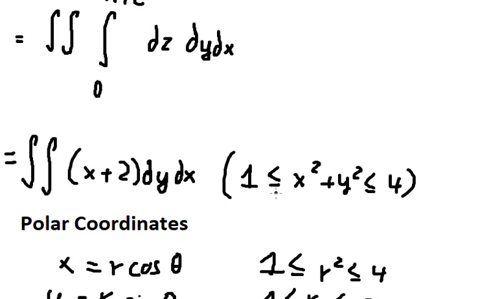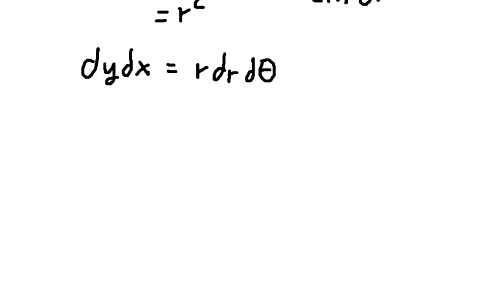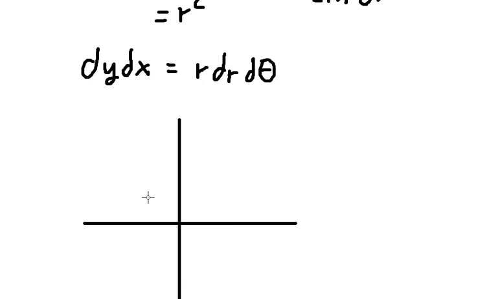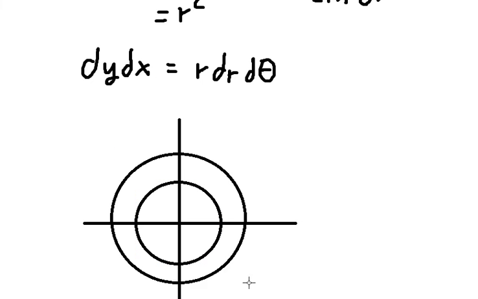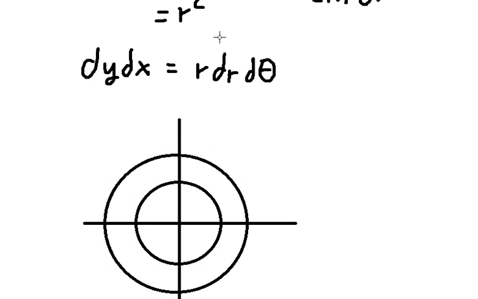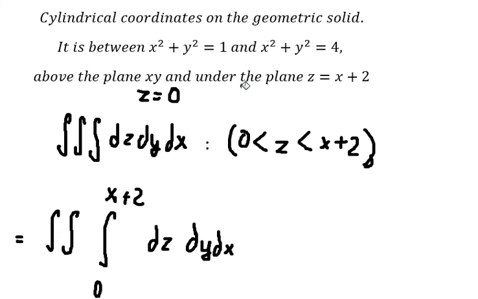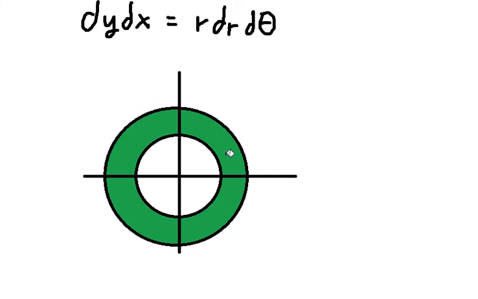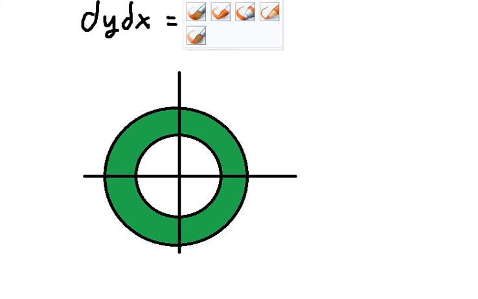And now we need to write the two circles in here. So the region we need to focus on is this one, because the question asks for between, that's why we need to focus on this area in here.